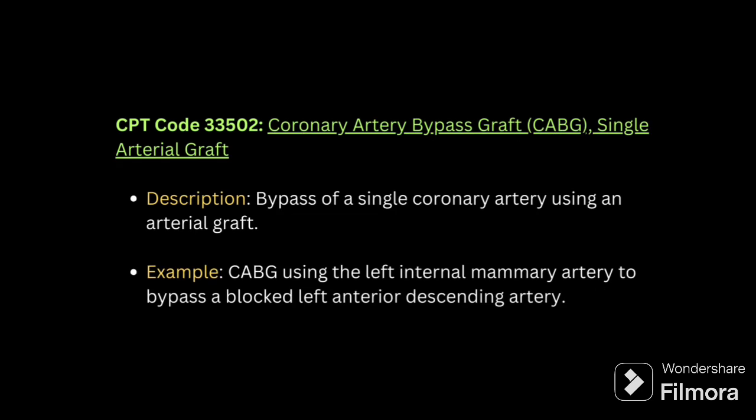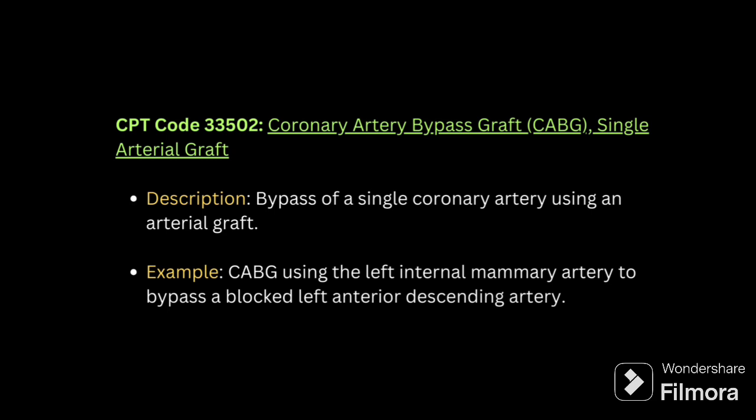Next is 33502, coronary artery bypass graft, single arterial graft. Here the bypass of a single coronary artery is done using an arterial graft. The question can be asked as: CABG using the left internal mammary artery to bypass a blocked left anterior descending artery.